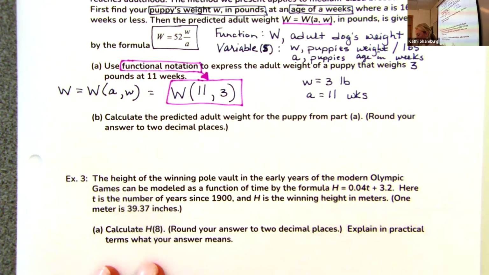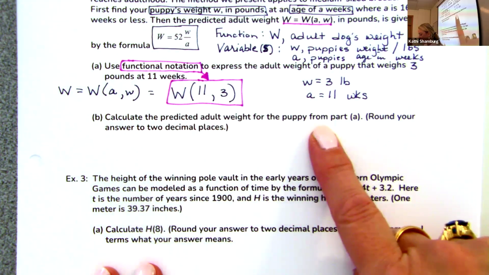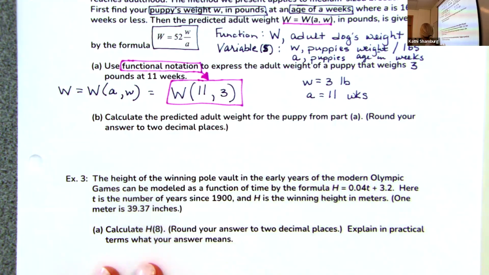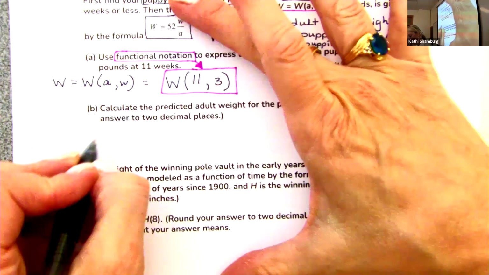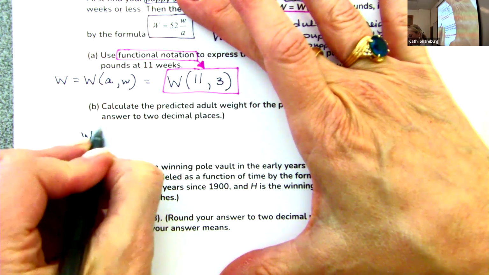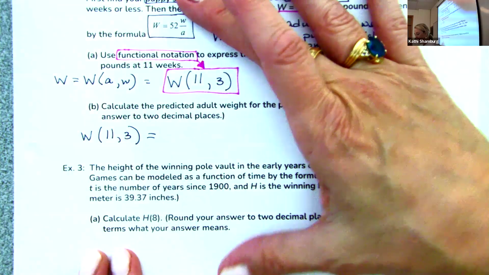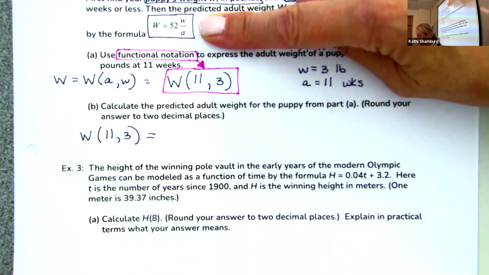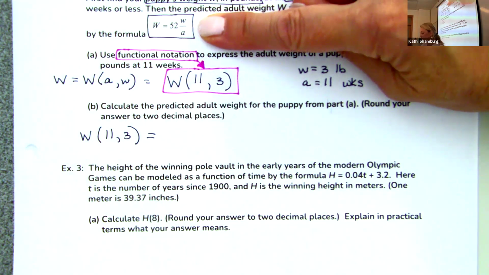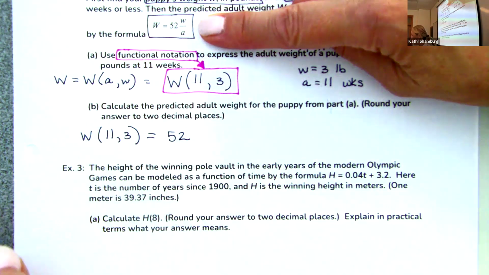All right, so calculate the predicted adult weight for the puppy. And then it says round your answers to 2 decimal places. Okay, all right, so calculate. So I'm going to go ahead and write W of 11, 3. I'm going to come up here and put all the correct information. Now, here's where you need to be careful as well. This means 52 times.